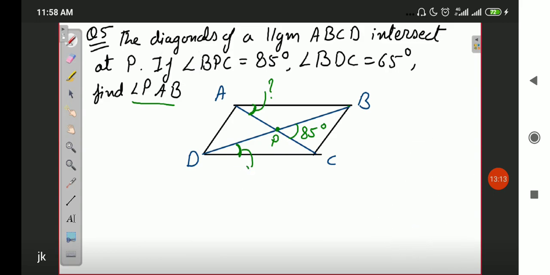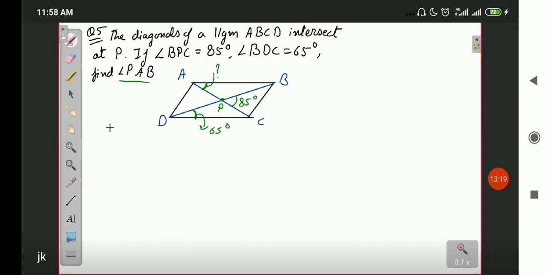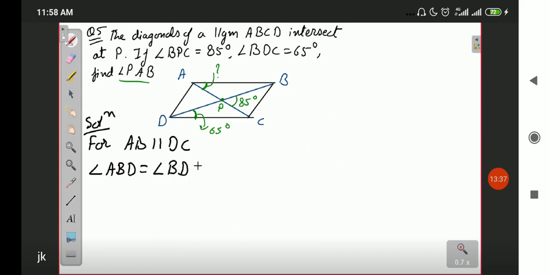This was 65 degrees. Okay, first of all, for AB parallel to DC, angle ABD is equal to angle BDC.